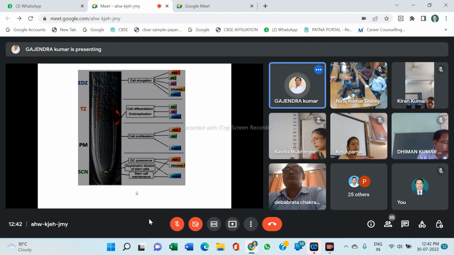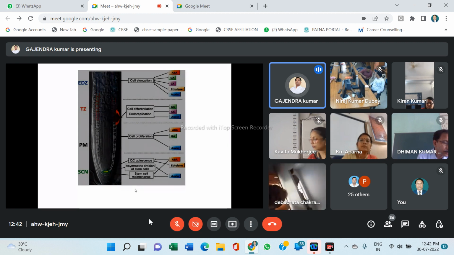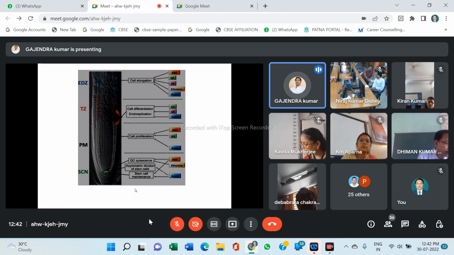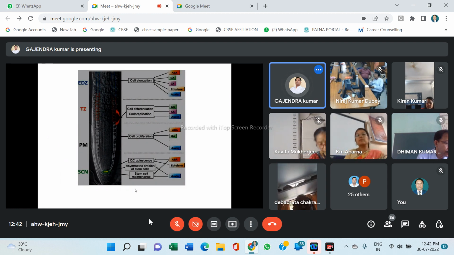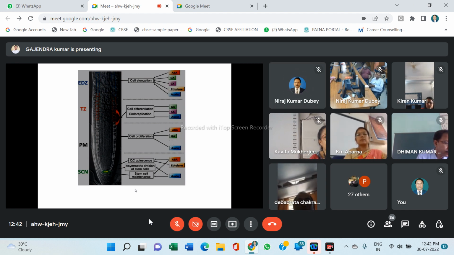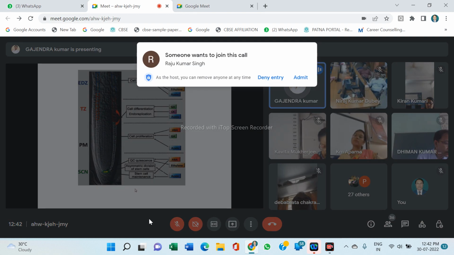Auxin plays a pivotal role in cell differentiation and cell elongation, and that is why it also shows apical dominance. We must clarify to the students that the cell division marked here is due to the concentration of auxin, and this concentration of auxin will proliferate more and more and form a large number of cells, and that is why cell elongation takes place.